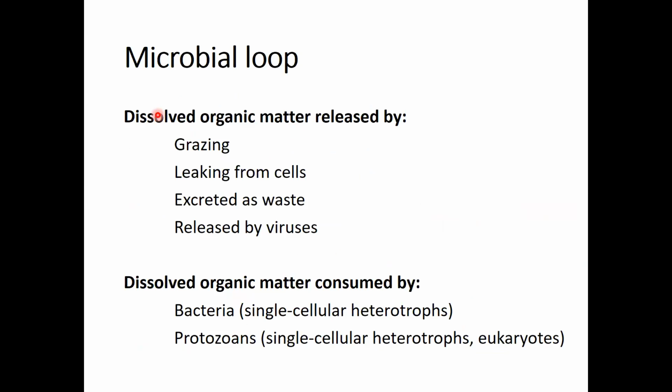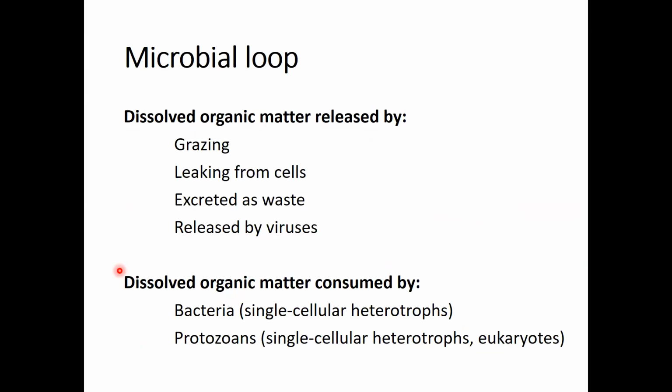So dissolved organic matter is released by grazing, that's sloppy eating, spilling crumbs, can leak from cells, be released as waste, like fecal pellets, and it can also be released by viruses. So again, about half of the organic matter produced by phytoplankton is released to the water, and it becomes dissolved organic matter.